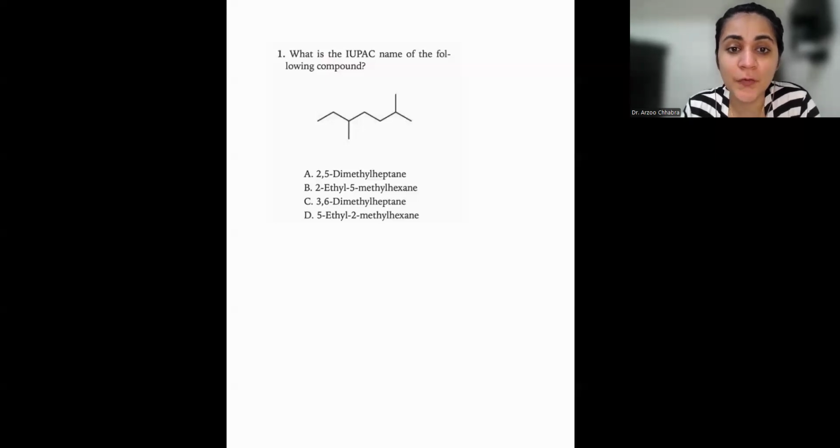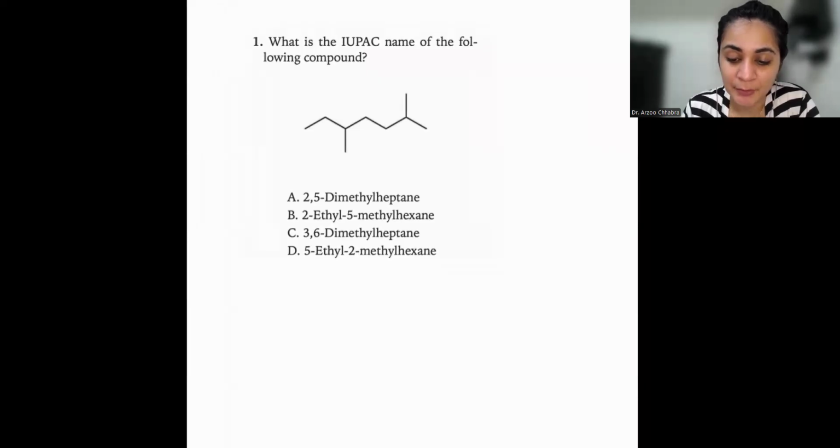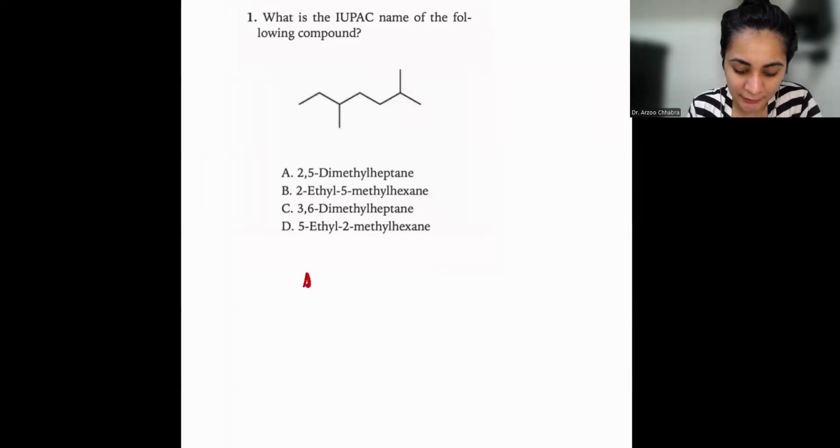All right. So for the nomenclature, what is the IUPAC name for the following compound, right? So the first thing to always think about, when you're writing the nomenclature of a compound, is we usually write the name of the substituents first, and then we write the name of the parent chain.